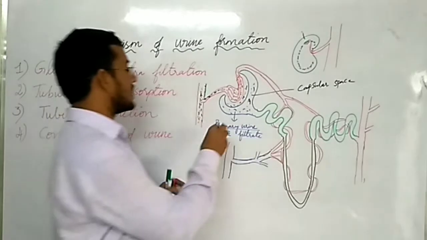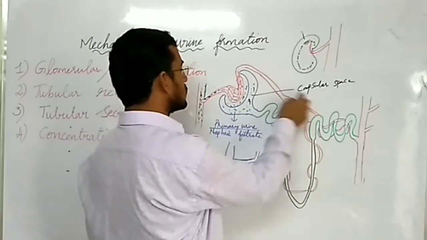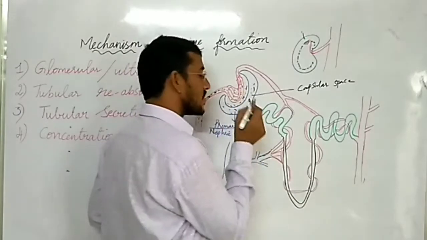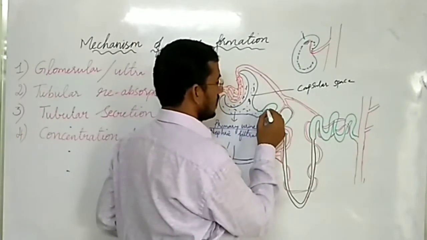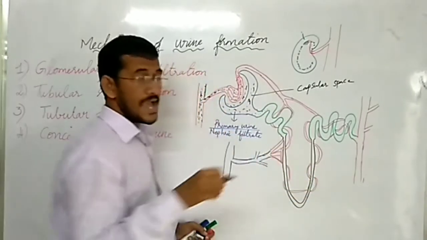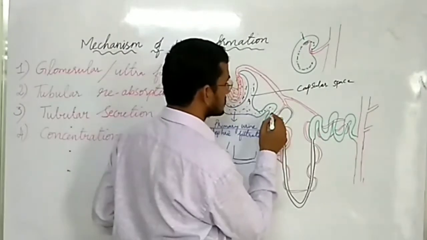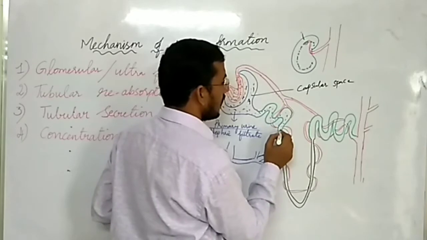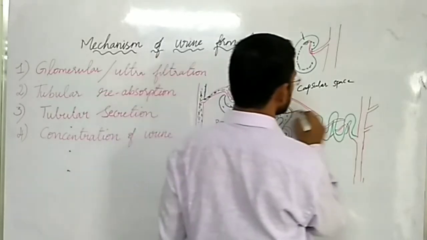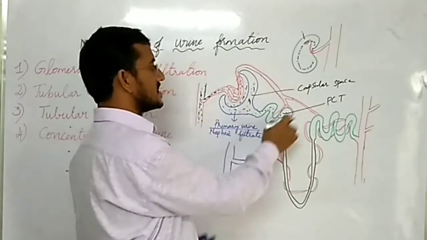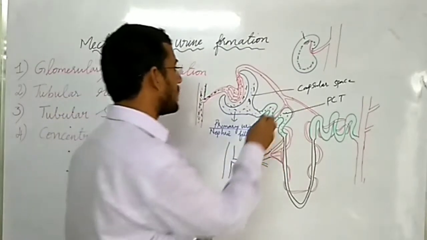Understood? Then from the capsular space, this waste material along with some nutrients, salts, ions, glucose, amino acids, all enters the PCT, the proximal convoluted tubule. What happens in the PCT?